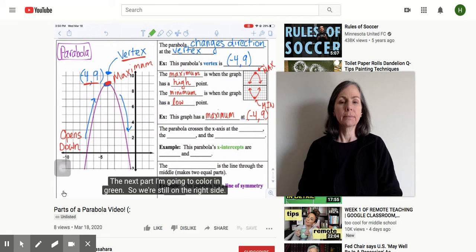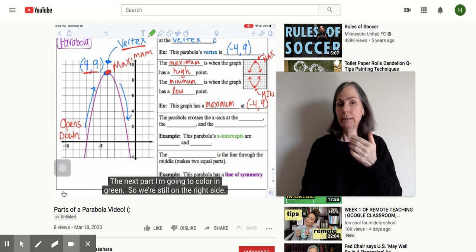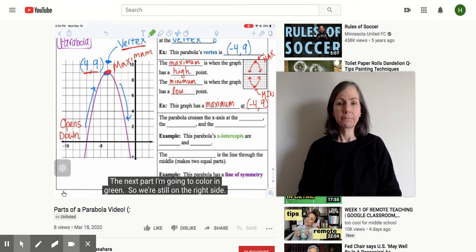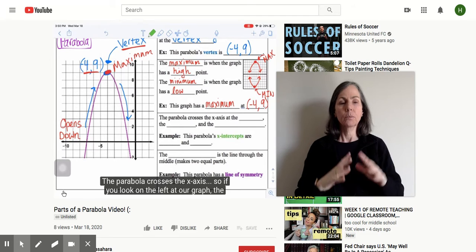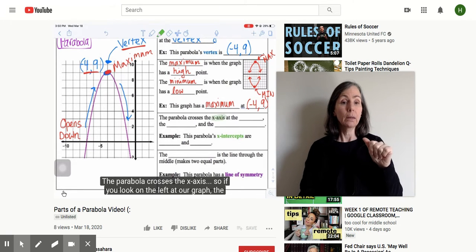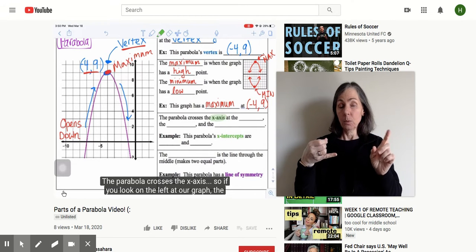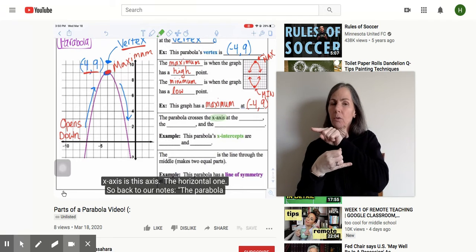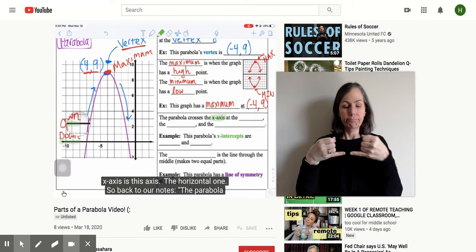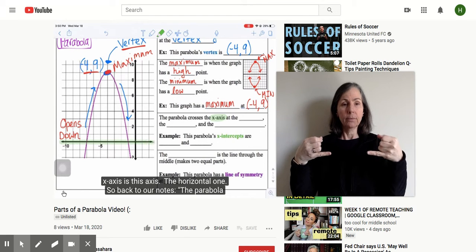The next part I'm going to color in green. So we're still on the right side. The parabola crosses the x-axis. So if you look on the left at our graph, the x-axis is this axis, the horizontal one. So back to our notes.